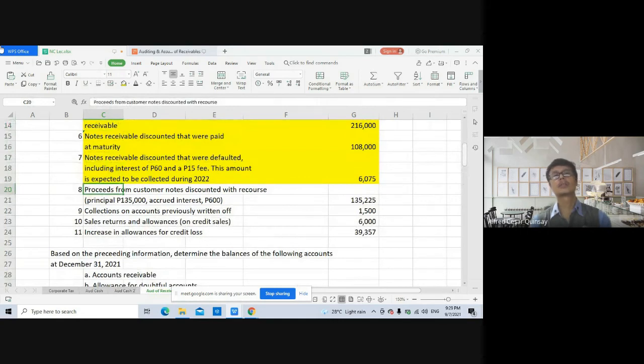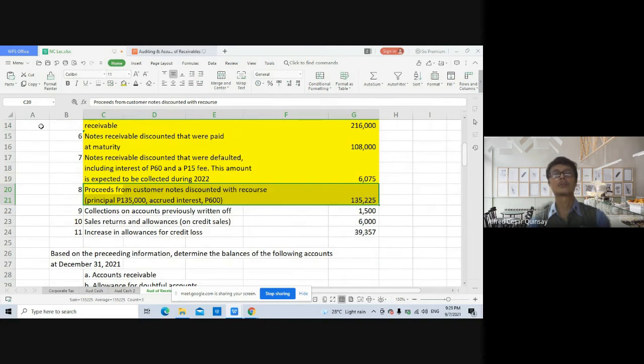So proceeds from customer notes discounted with recourse. So principal of 135,000 plus accrued interest. Ito yung natanggap ng company, yung 135,225, no?